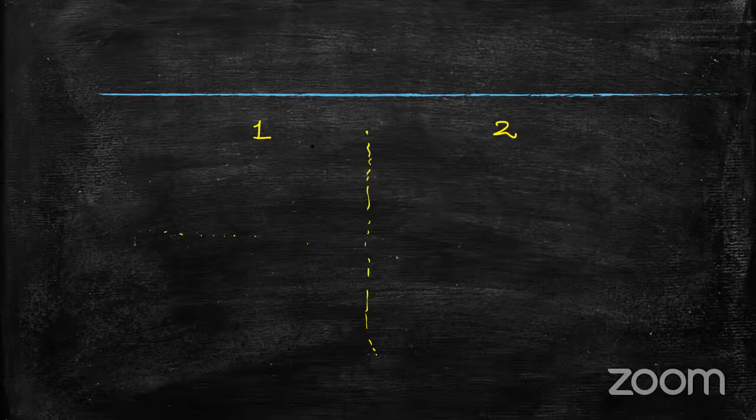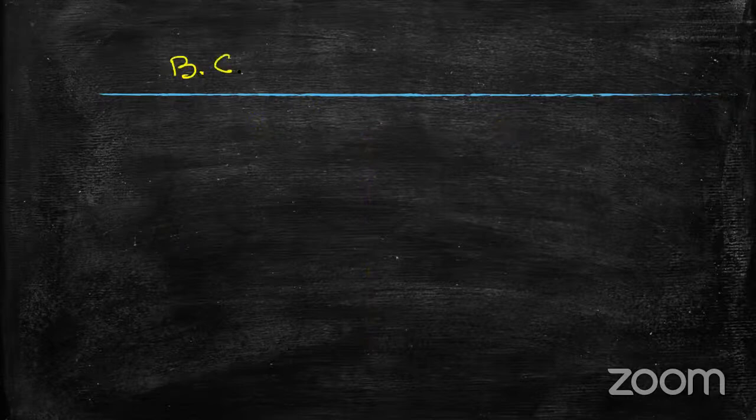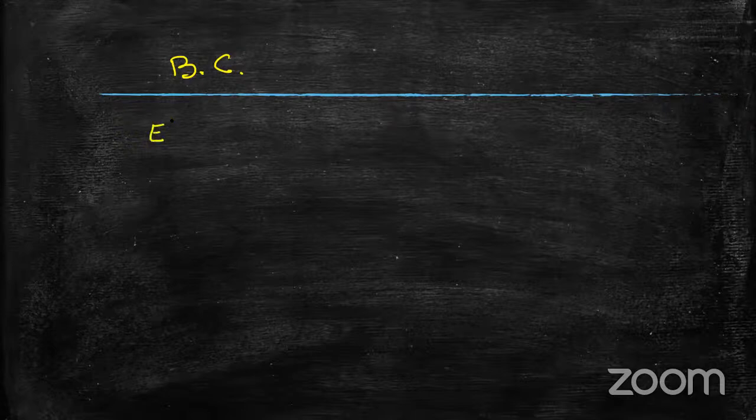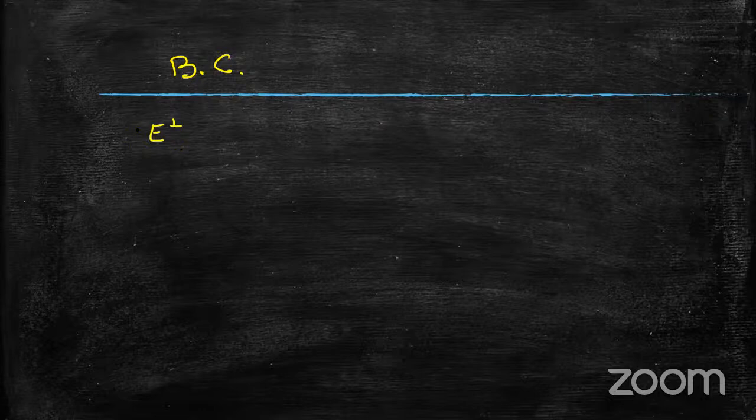So let me write this as a boundary condition, BC. Now we don't have free charge or free current. So what will be here?